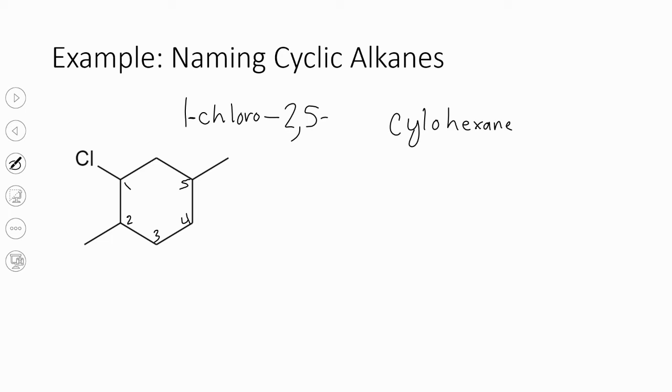So what is this one called again? This is methyl, so there's just 1 carbon, so methyl. And this is, there's 2, so it's gonna be di. Cyclohexane.